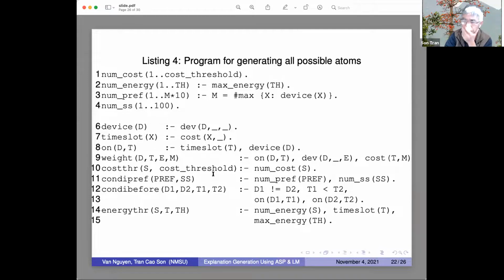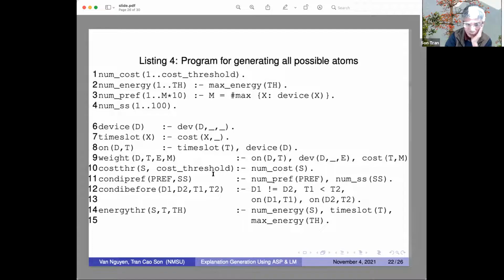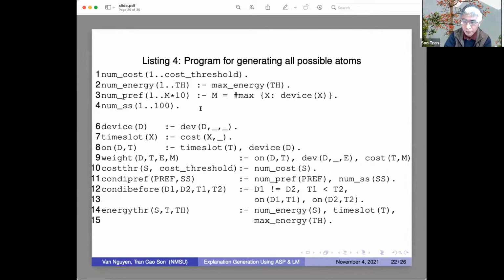Note that because GPT is a very rich pre-trained language model already, what we observe is that, say for example, we have a problem that talks about a maximum energy of 100,000.